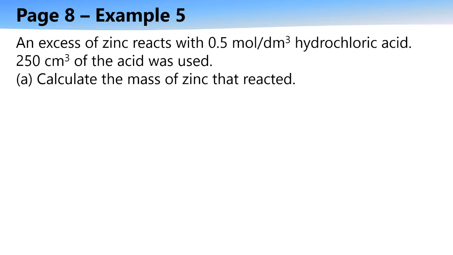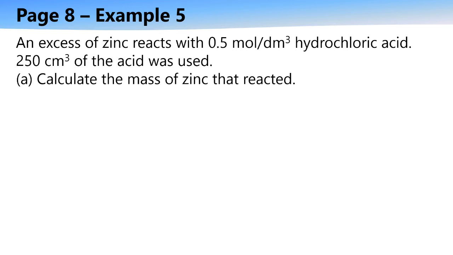Okay, moving on. Example 5. We have a chemical equation, so this is your stoichiometry. If you remember the junction method, you need to convert everything to moles and compare using the mole ratio. So I have an excess of zinc, which reacts with 0.5 moles per dm3 of hydrochloric acid. 250 cm3 of the acid was used.